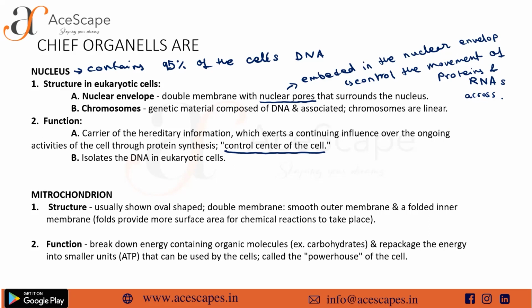ATP is adenosine triphosphate. These ATP are used by the cell. That's why they are the powerhouse of the cell. In mitochondria, there are two types. I mean, not two types.